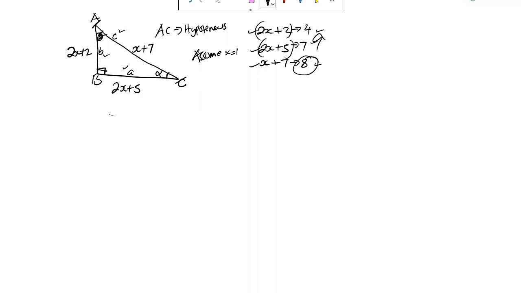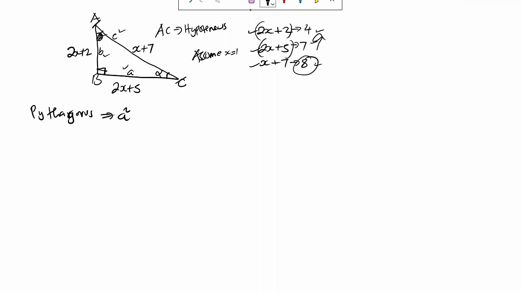Now right away let's remember the Pythagoras, and from the Pythagoras, so this is Pythagoras. If you have a triangle of this kind, the Pythagoras states that the square of the sides is usually equal to the square of the hypotenuse.